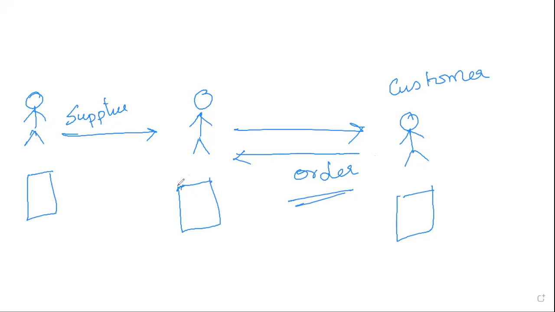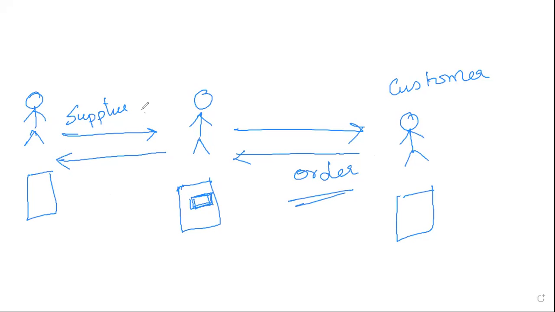As the quantity goes down, as he sells, the supplier can know how much stock he has.